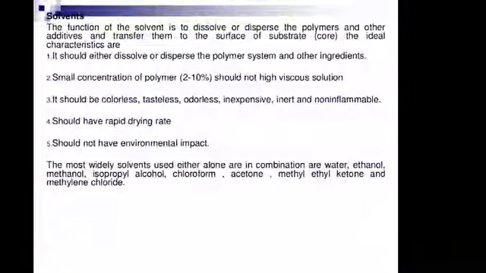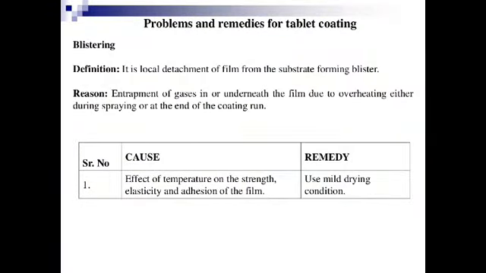Okay, so these are the various defects of tablet coating. So the most common problem is called blistering. Blistering is bubble-like structures seen on the coated tablet, and it is a local detachment of the film from the tablet coat forming the blister.